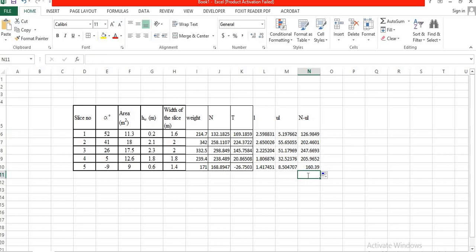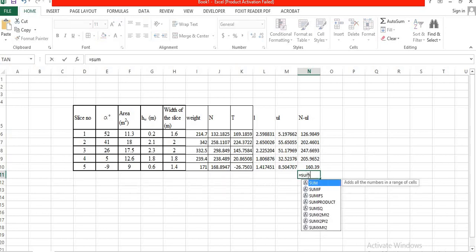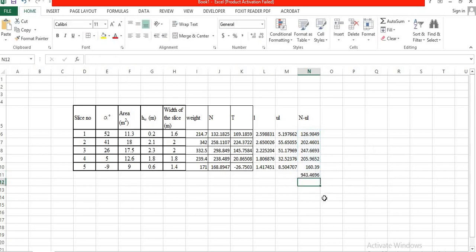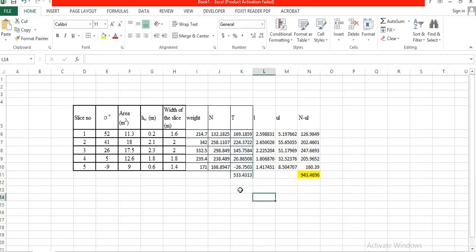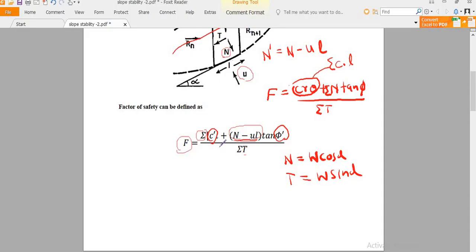So if we take the sum of this, we get total n dash, and also we need the sum of W sin alpha, or t. So we have that too, and finally you can see there is a part c dash L, sigma of c dash L is in the same brackets, right?